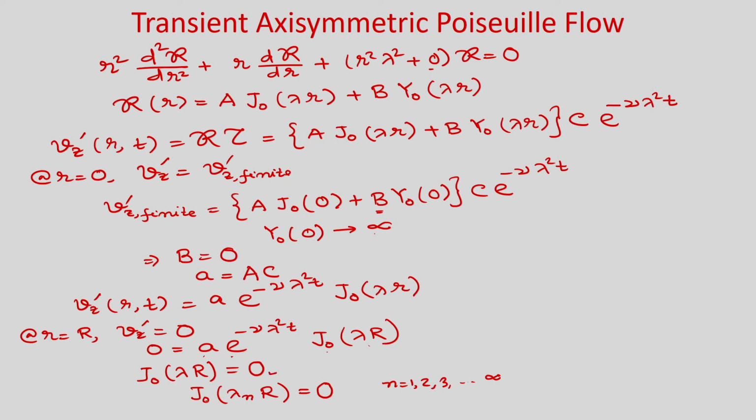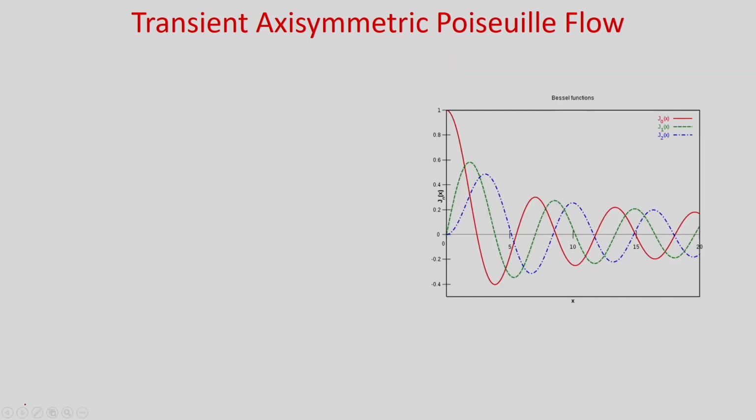So, you will get a different solution for different n values, that means different lambda n values, and you can actually sum it up because you have a linear governing equation. So, you can see here, this is your J0 lambda r. You can see here it is becoming 0, here it is becoming 0, here it is becoming 0, here it is becoming 0.